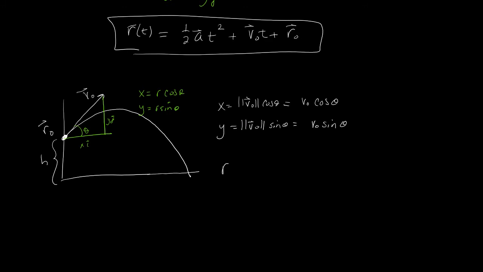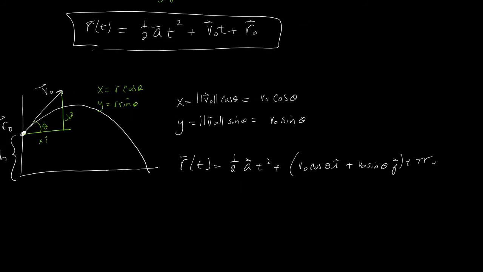Okay then, so our position vector r of t becomes 1/2 times the acceleration times t squared, plus the vector v naught, which is v naught cosine theta in the i direction plus v naught sine theta in the j direction, times t, plus r naught.